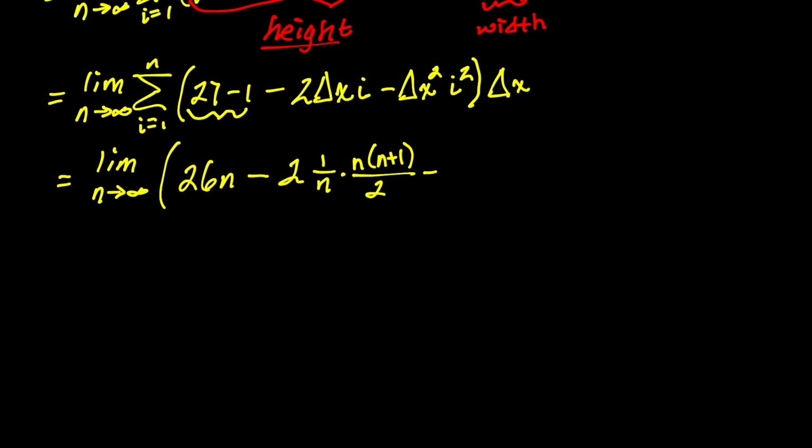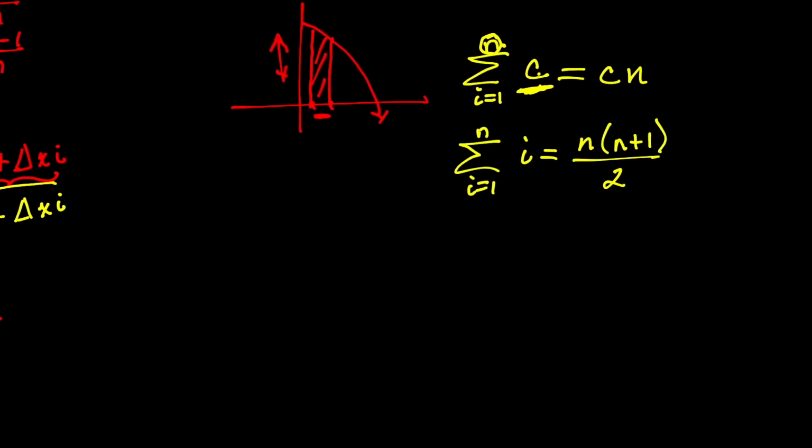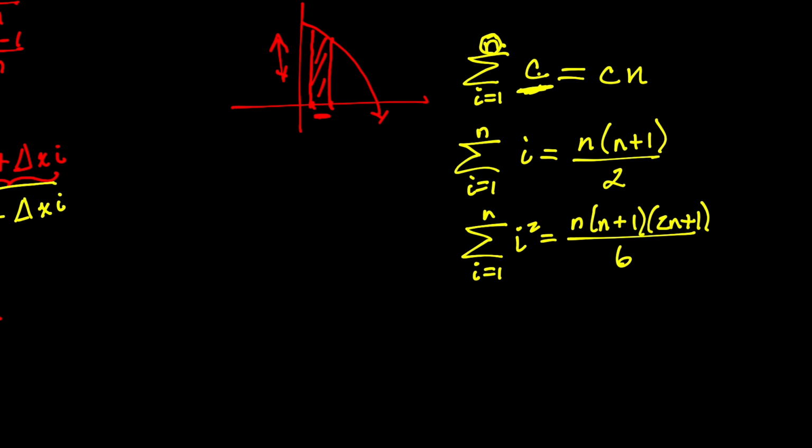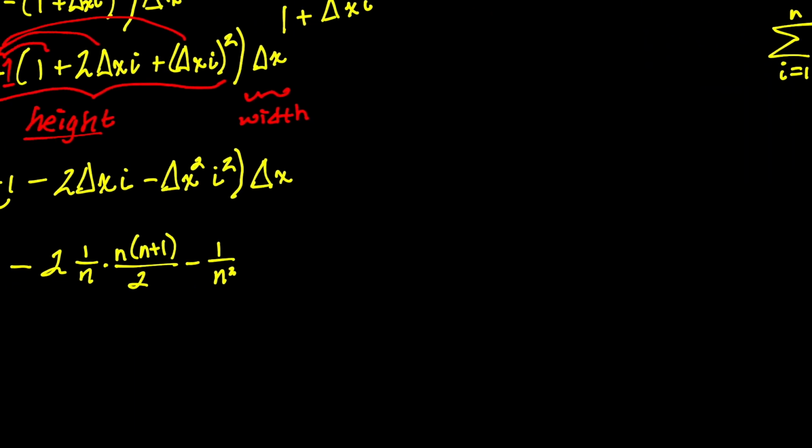Minus, delta x is 1 over n squared. The 1 is squared too, but 1 squared is 1, so I don't usually put that in there. And then I squared. The I squared formula was this. This is in your textbook. I don't typically make students remember this. I just remember it because I've been doing it for a long time, and a lot of times students will end up remembering them too after they have done it enough times.